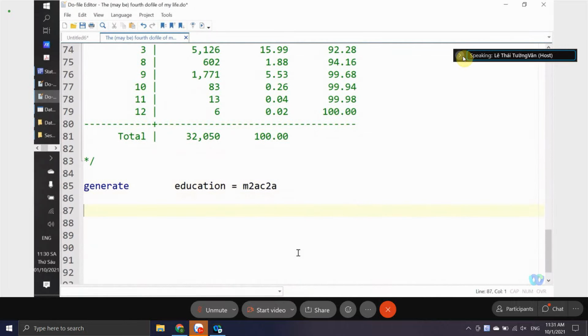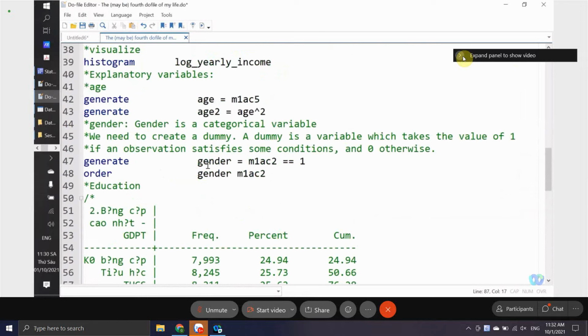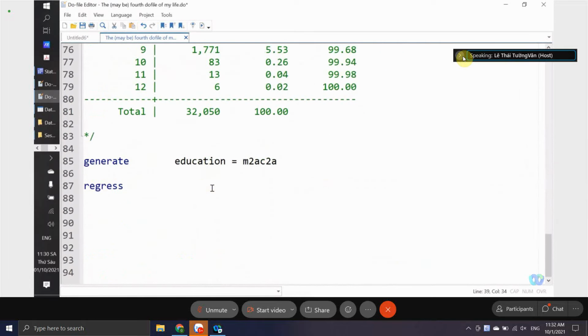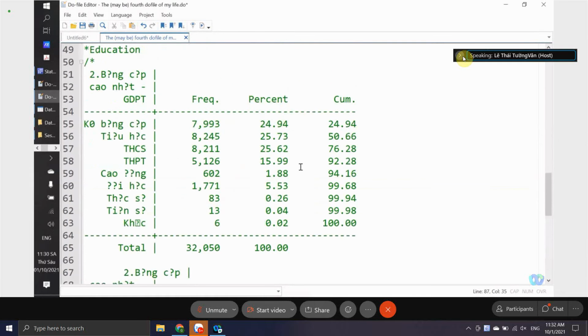And now let's do something. Regress log yearly income. Even though it seems like I'm taking an endless route to talk about data management, actually I'm going to the punchline.